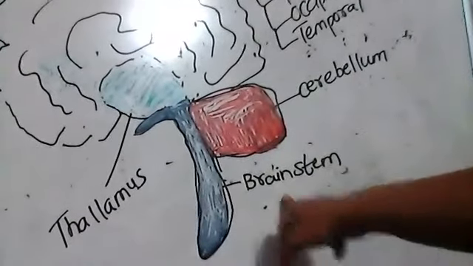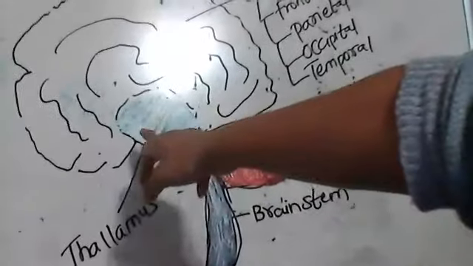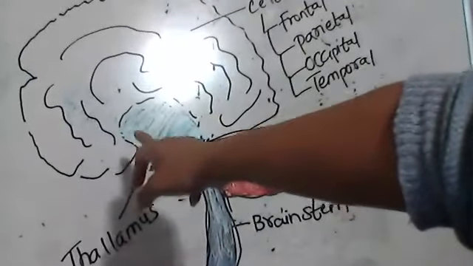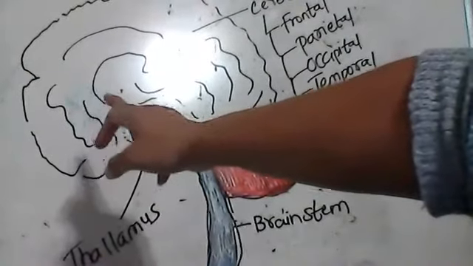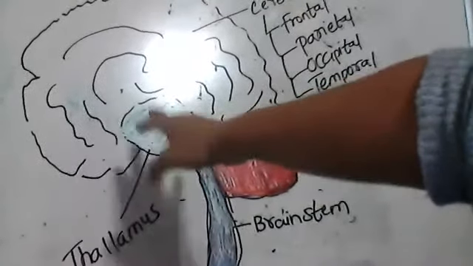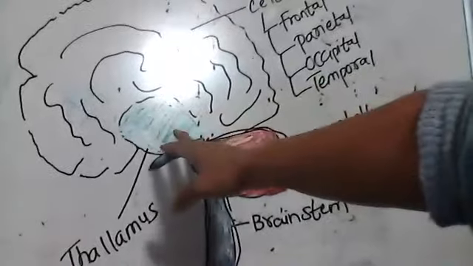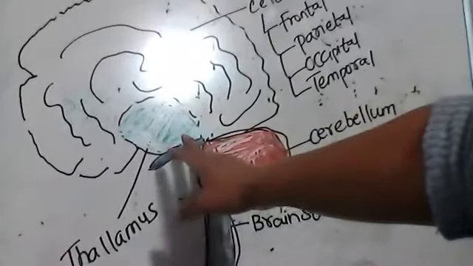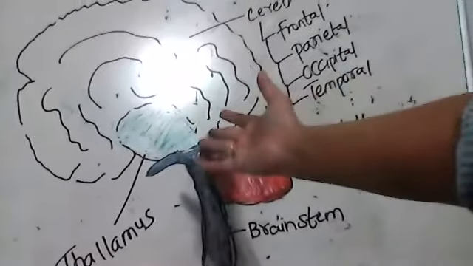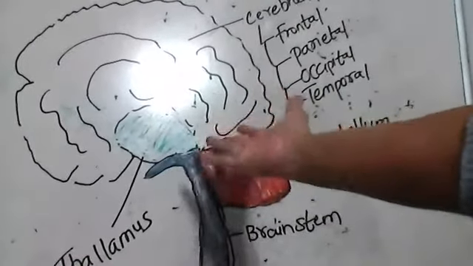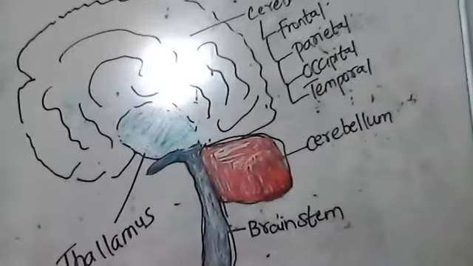And then there is the thalamus, which is something like a router, the way a router sends internet data. Similarly in your body, the thalamus sorts all the information which comes to the brain from different parts of the body and then sends it to different regions of the brain, so the brain can take action.